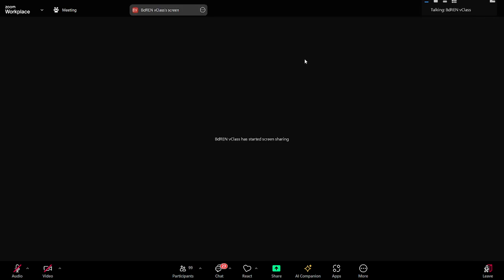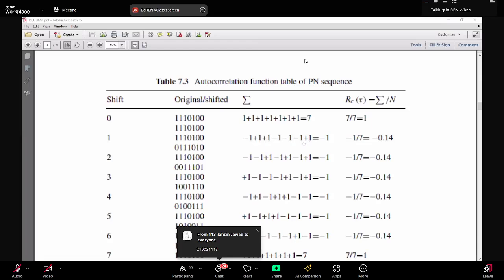We have 7. 3 were positive 1. Sorry, 4 were negative 1. So 3 got cancelled by other 3, leaving just minus 1. That will not be the case. Say maybe 2 gets cancelled or say 1 gets cancelled. So you get a higher value here.